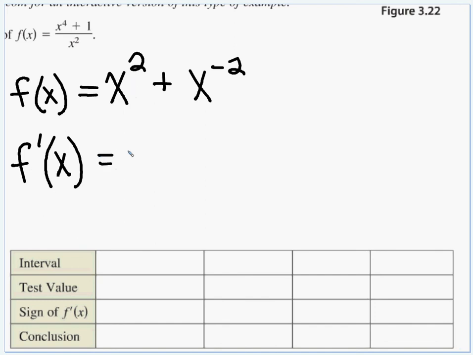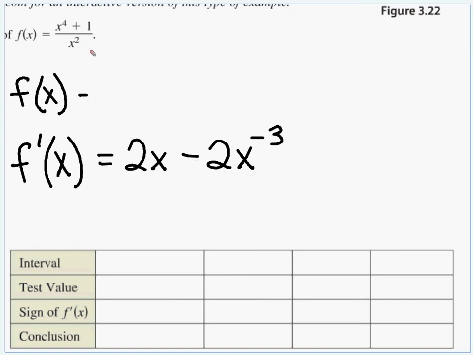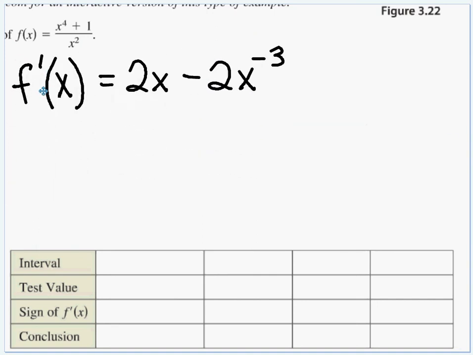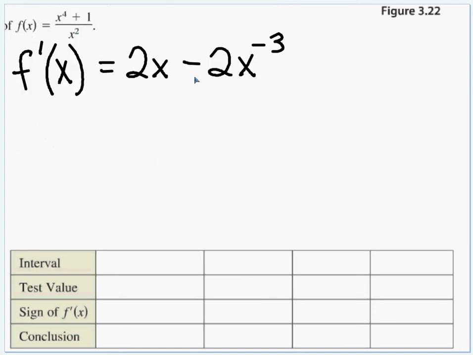So let's derive. First term, 2x. Here we're going to bring that exponent down. That's going to be a negative 2x to the negative third power. And let's get rid of that negative exponent and turn this into one single fraction. So that's going to be 2x, and I'm going to put that over 1 minus 2 over x to the third.